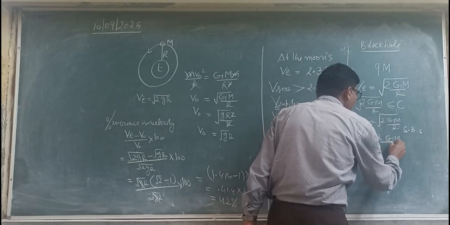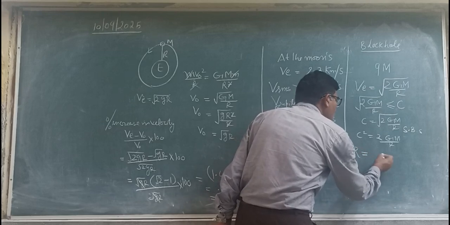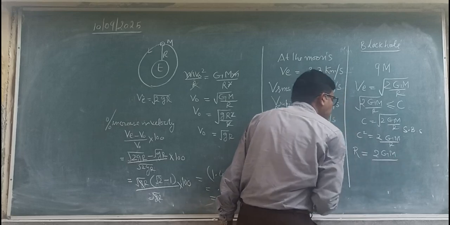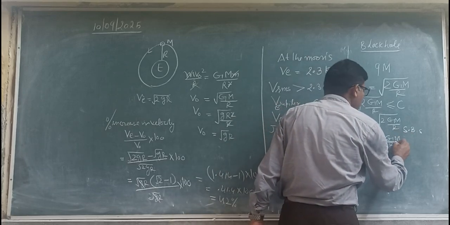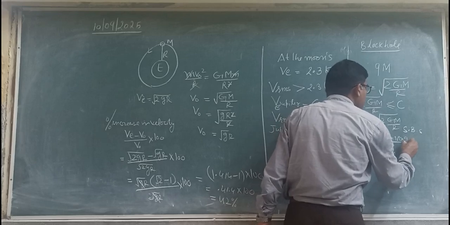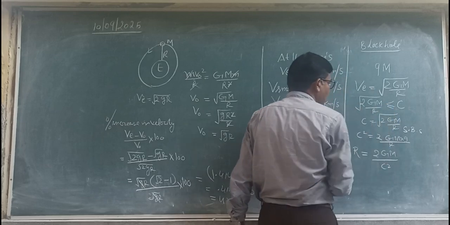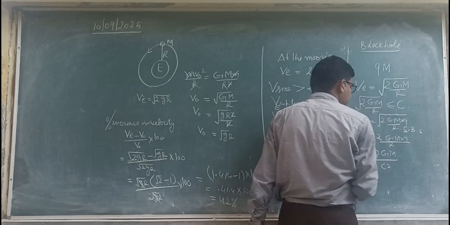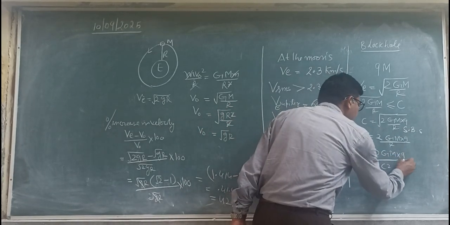Cross multiplying, we calculate r: r is equal to 2GM upon c square. You can multiply the mass by 9 because the mass is given as 9 times.